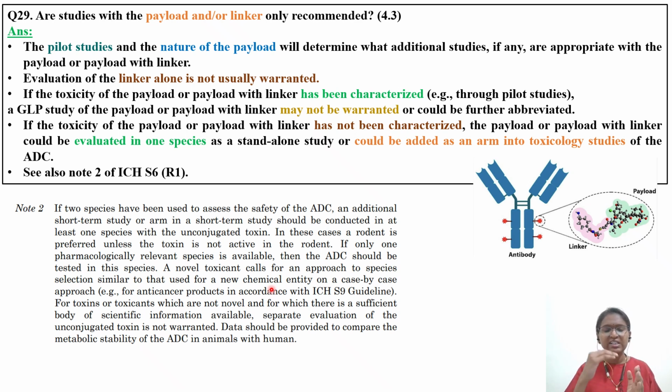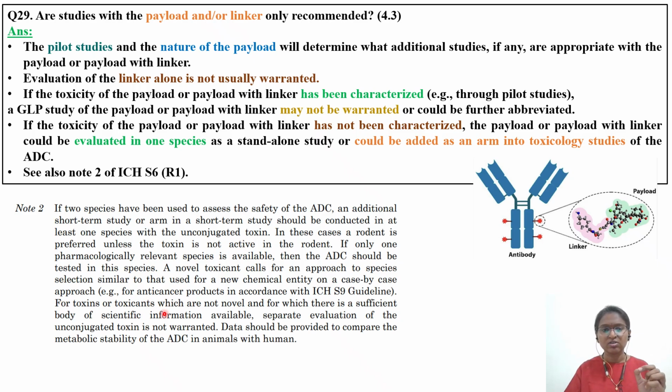For example, in the case of novel excipients for conventional drug molecules, if it is a new excipient, you have to consider it as a new chemical and do a whole battery of toxicology tests. So similarly, it is saying the same thing. A novel toxicant calls for an approach to species selection similar to that used for a new chemical entity, on a case-by-case approach, for example for anti-cancer products in accordance with the ICH S9 guideline.